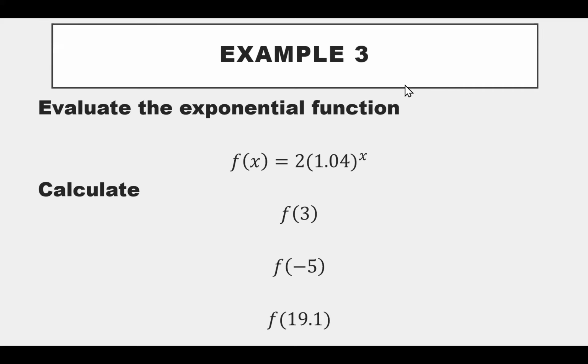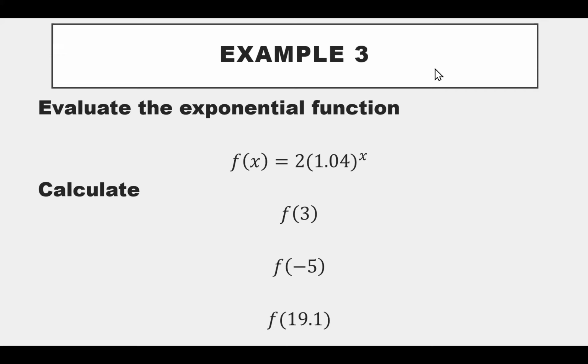Once we can recognize what an exponential function is, we can do some calculations by plugging in some inputs and finding some outputs. We have f of x is equal to 2 times 1.04 raised to the x power. It asks us to calculate f of 3, f of negative 5, and f of 19.1.